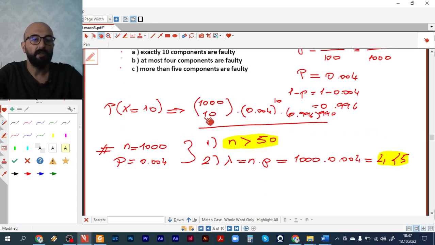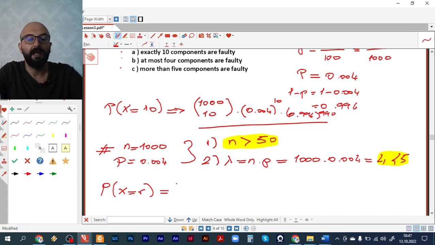And if you want to compute this probability by using Poisson distribution, you should use this formula. Please remember this formula. The probability of R means lambda to R multiply e to minus lambda over R factorial.